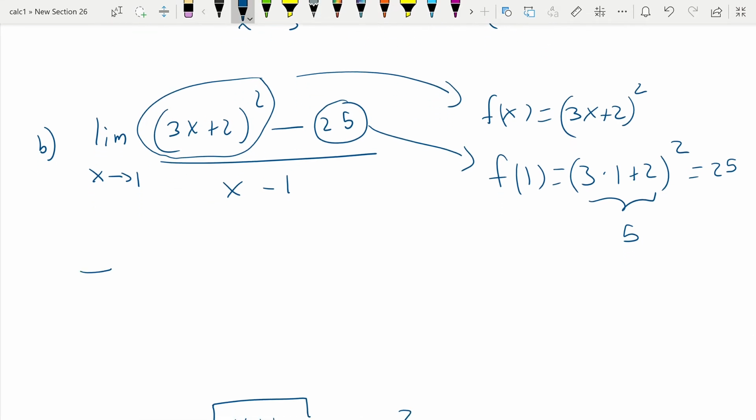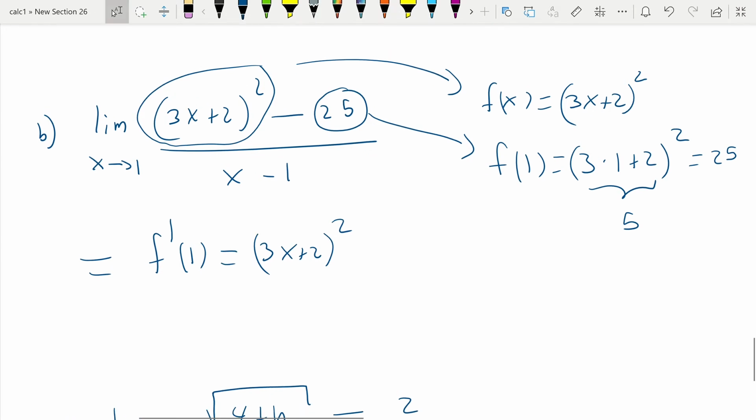Okay, so this is exactly, just like before, going to be equal to f prime at 1, where f is 3x plus 2 squared. So this is 3x plus 2 squared prime at 1.